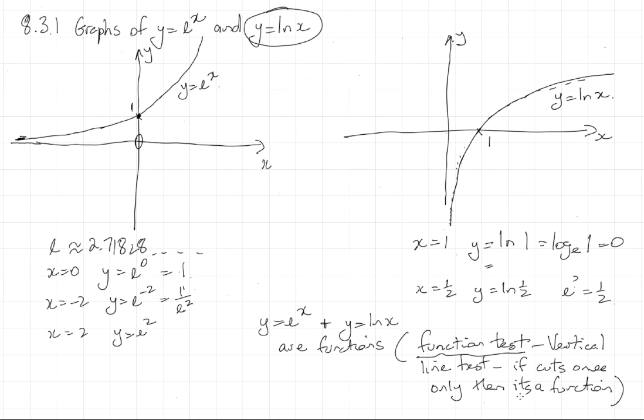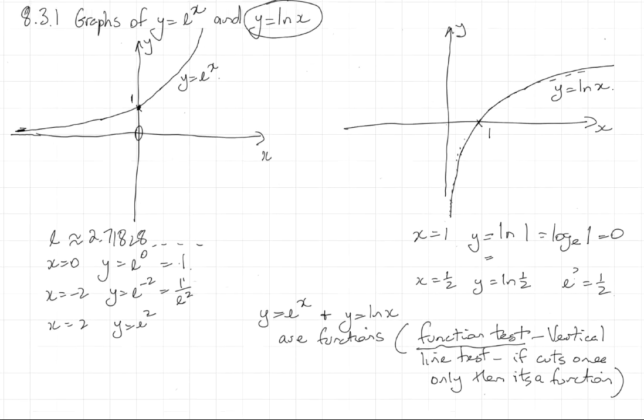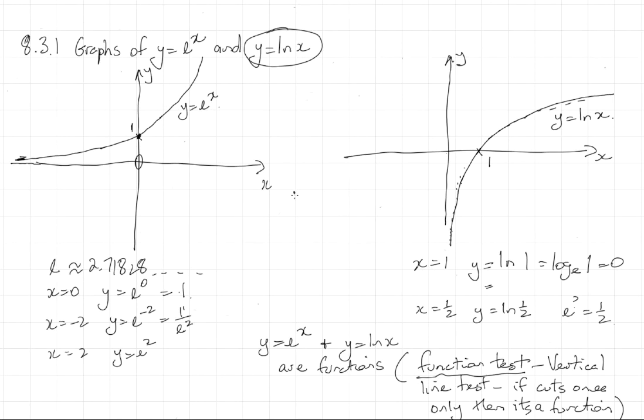Okay. If I put both of these graphs on the same axes, so let's just do it in the middle here. So my y equals e to the x looks like that. And my y equals ln x will look like that.